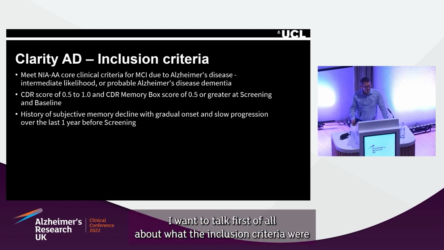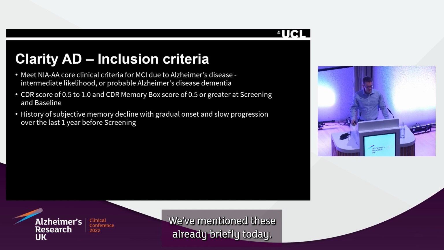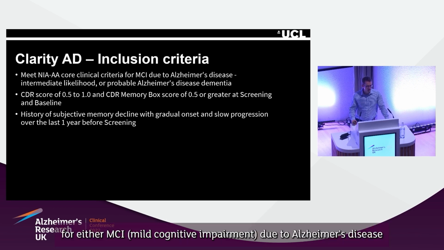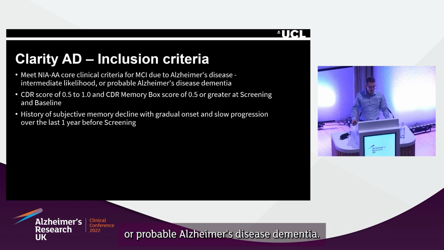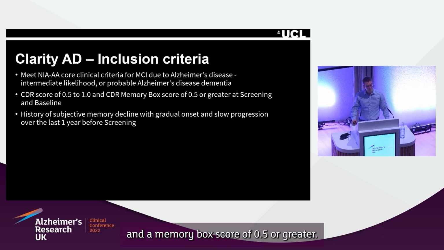I want to talk, first of all, about what the inclusion criteria were for the lecanemab Clarity trial. We've mentioned these already briefly today, so we know that people had to meet diagnostic criteria for either MCI due to Alzheimer's disease or probable Alzheimer's disease dementia. They had to have a CDR score of 0.5 to 1, and a memory box score of 0.5 or greater.